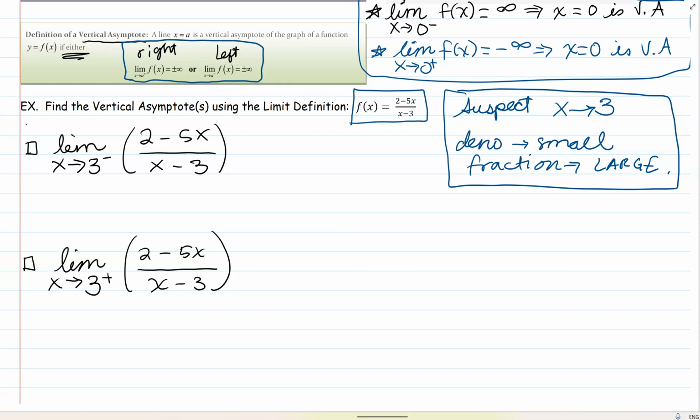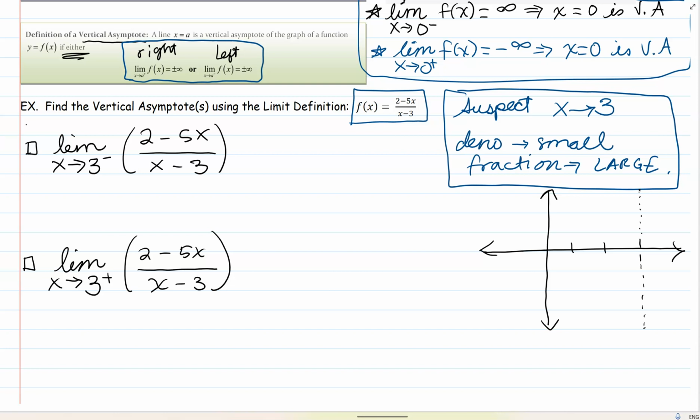When x is approaching 3 from the left, here's the x-axis, here's the y-axis, and here's 1, 2, 3. The function is undefined at 3, and we're looking at whether there is really a vertical asymptote at that point.